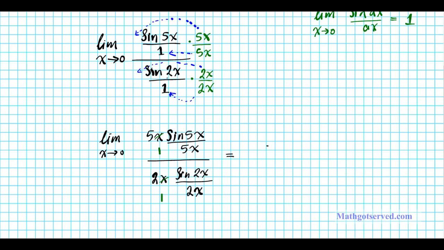so we'll have 5 over 2 times the limit. Now I can take the limit of the numerator and the denominator. We can distribute the limits to the top and the bottom.